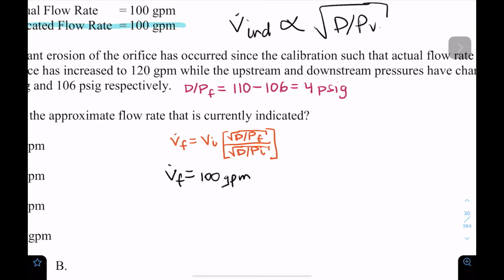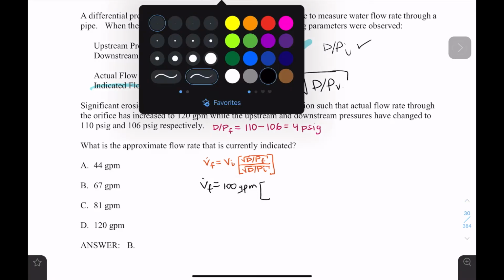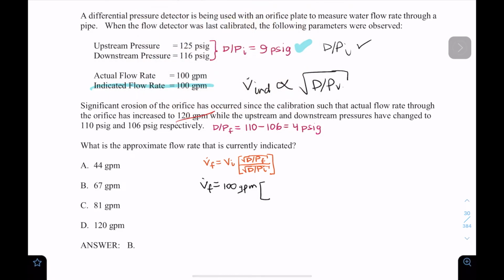I think it's about being careful with the wording, because here we're given extra information that we might not need. This one says actual, so I don't need the actual. We just need to be careful with that.